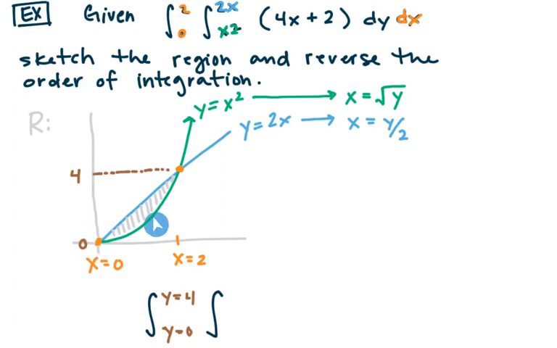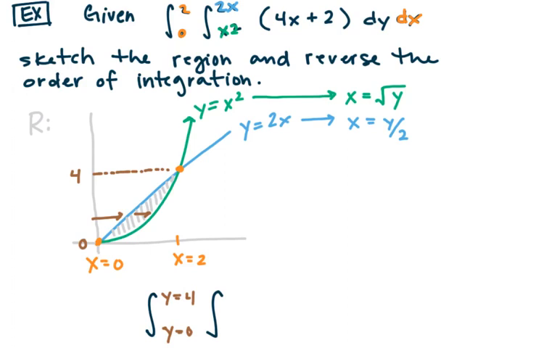Then what are my left and right bounds, x in terms of y? When we think about this extending out, my lower bound in this situation would be y over 2, and my upper bound would be square root of y.